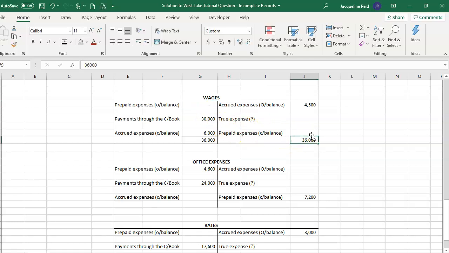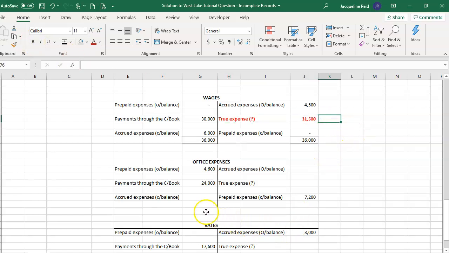Start to finish, there was none. So the missing figure that we are looking for is a true expense, and we find it by subtracting the 4,500 from the 36,000. Let's do that. So it means that the true wages expense is $31,500. Okay.